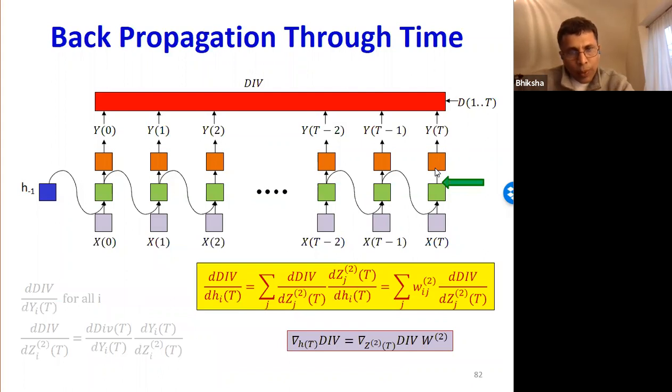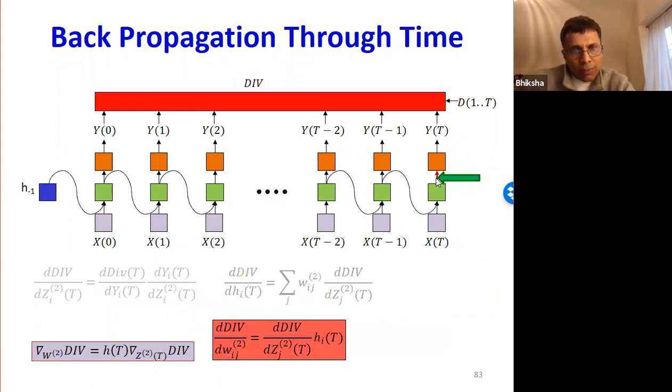Then we can propagate that backwards and compute the derivative with respect to the output of the hidden layer at the final time by simply multiplying the derivative with respect to Z2 by this weights matrix. This is just standard backpropagation like we did for MLPs.